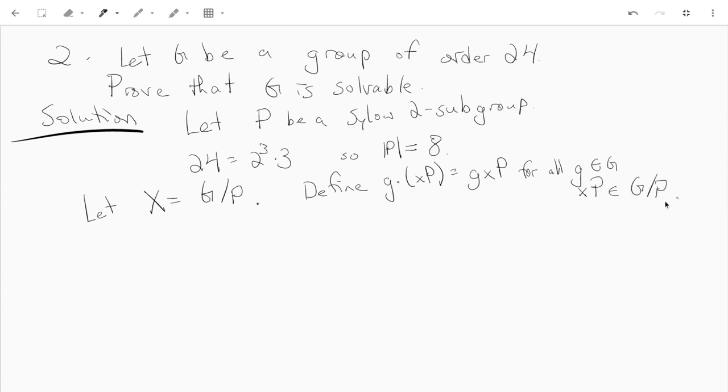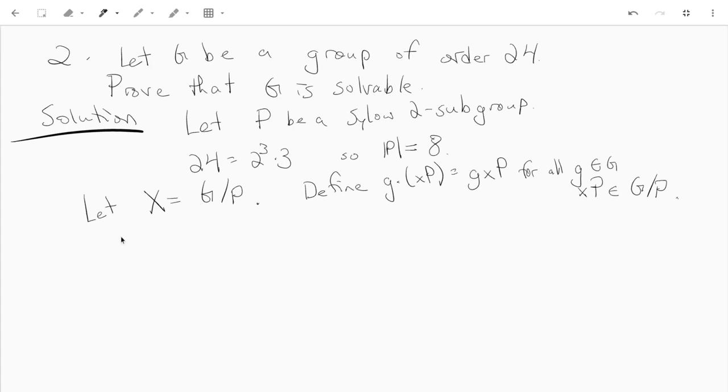Remember, P is maybe not normal in G, so these left cosets don't form a group, you just have a set of left cosets. This gives us a group action.